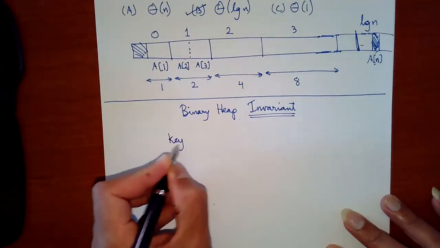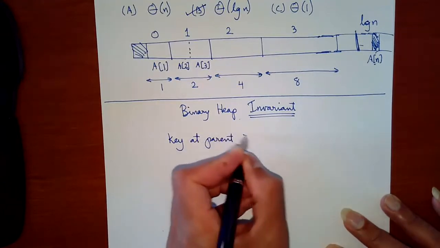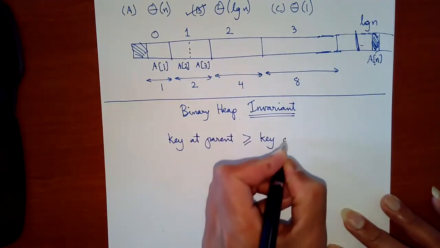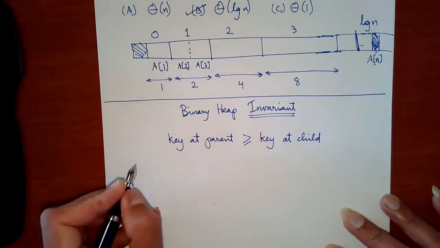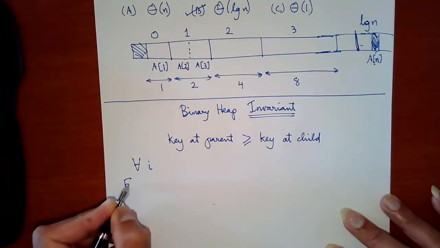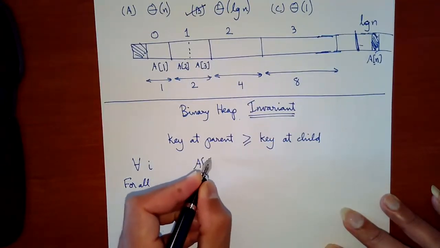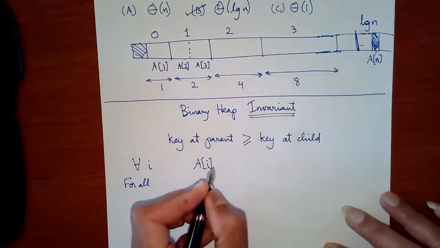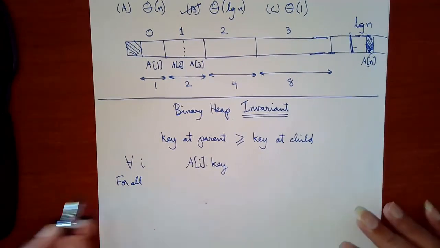Now in a binary heap, we have a more interesting invariant. The invariant is that the key at the parent is greater than or equal to the key at the child, right? What this just means is that for all i, remember this is the symbol for all, A of i, the object at i, and I'm just going to use the key, I'm going to say dot key to imagine that key is a field in it.